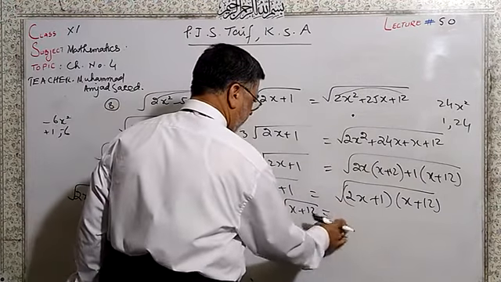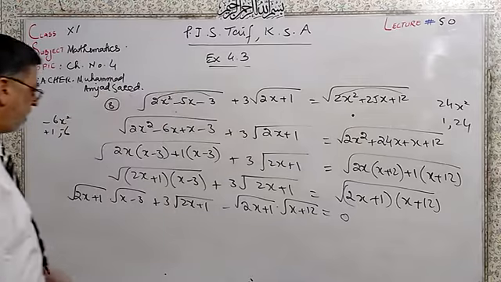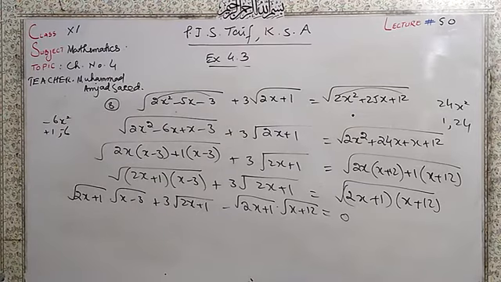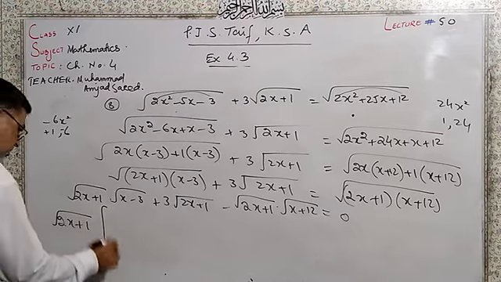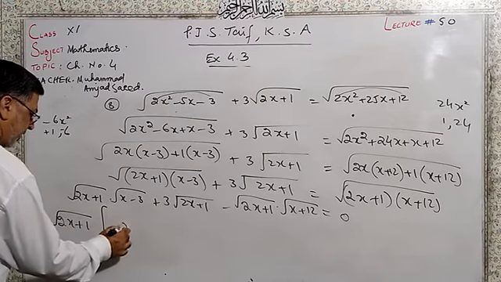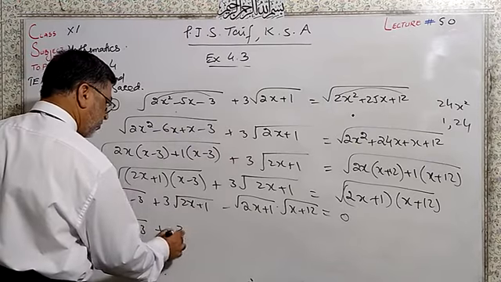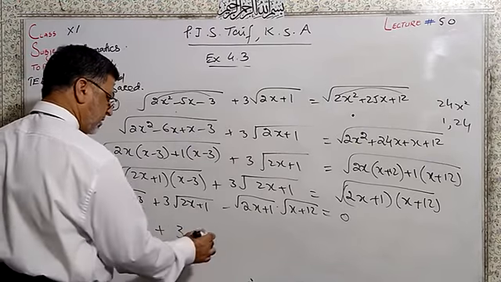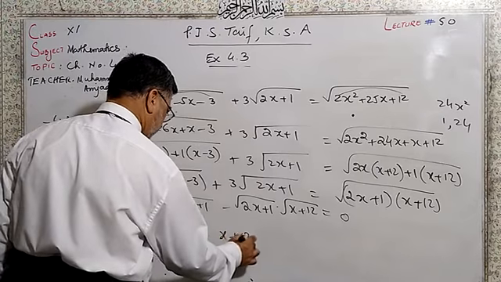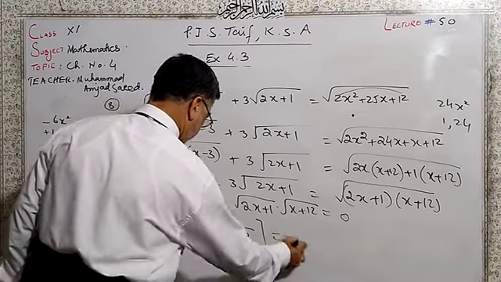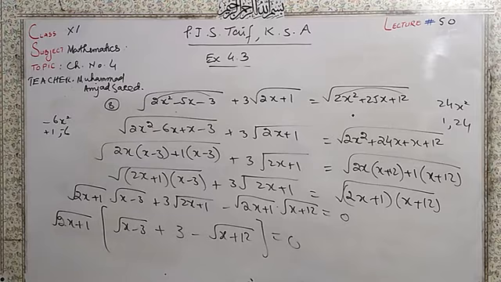Dear students, now we have three terms and all include root of 2x plus 1. So we are left with root of x minus 3 plus 3 minus root of x plus 12 equal to 0.